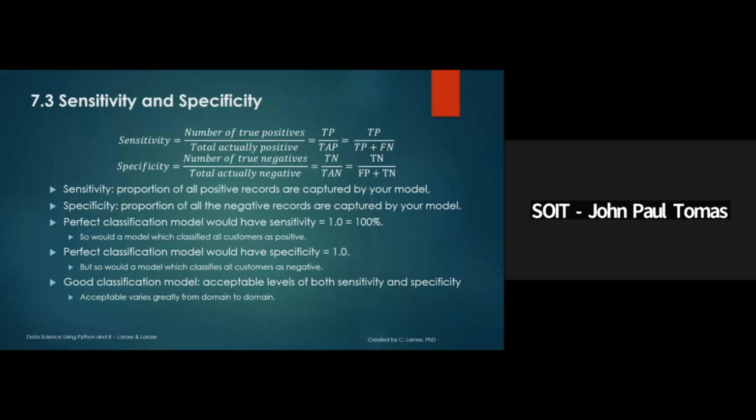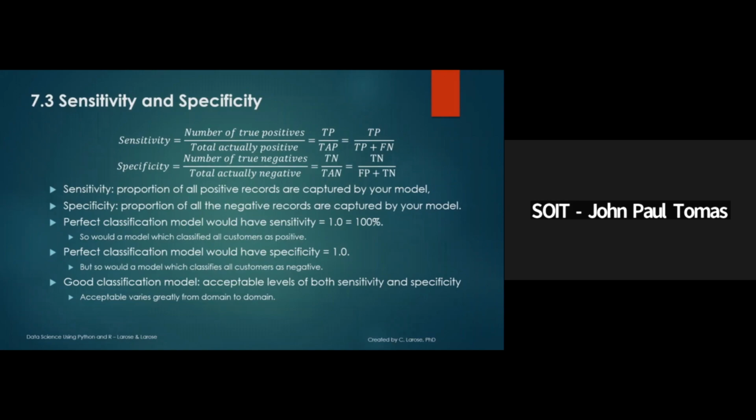Sensitivity is geared towards all the true positives, and specificity towards the true negatives. All of those are the actual ability of the model that you have created to classify such records.